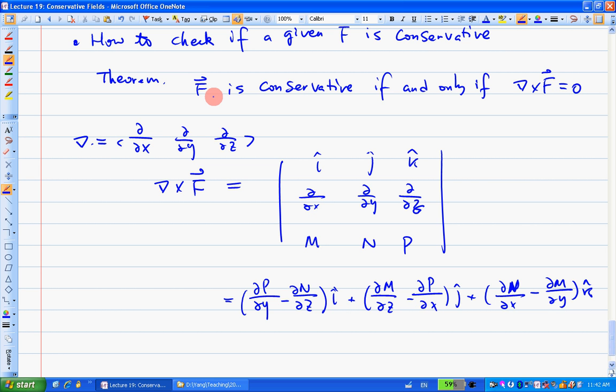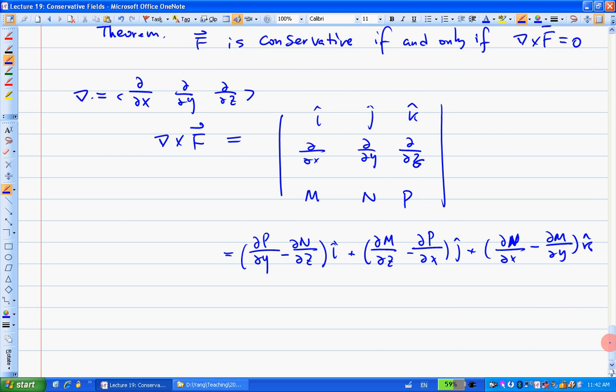So the theorem says f is conservative if and only if this cross product is 0. If I set this cross product to 0, I'm going to end up with three equations.